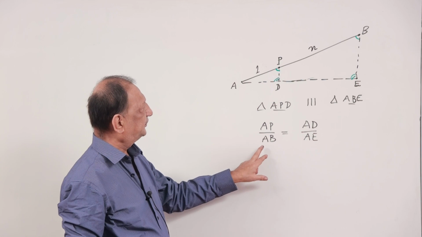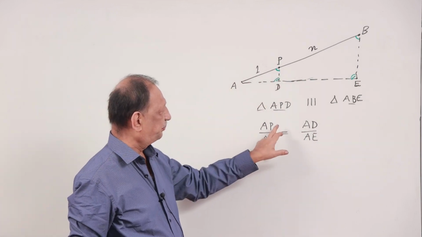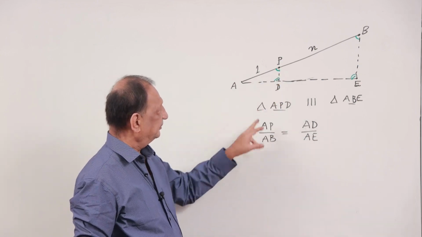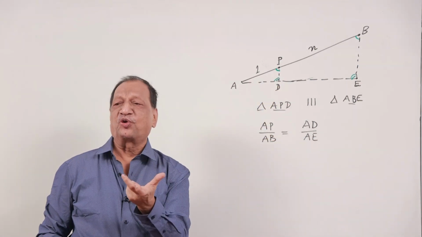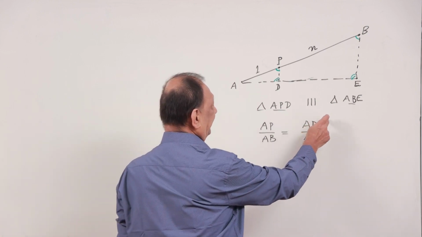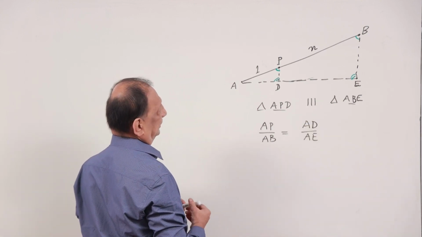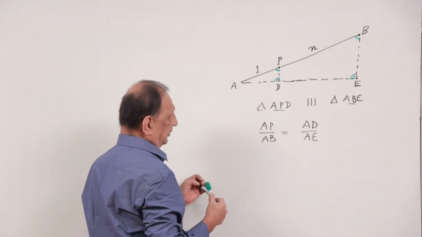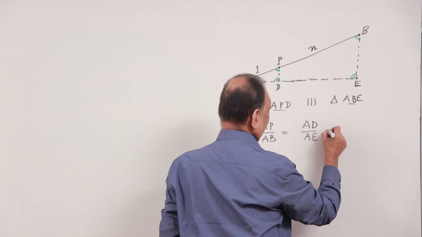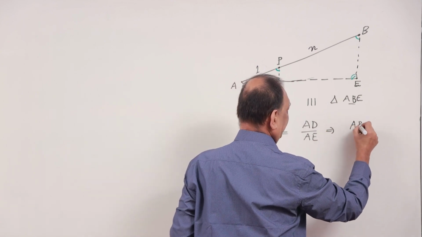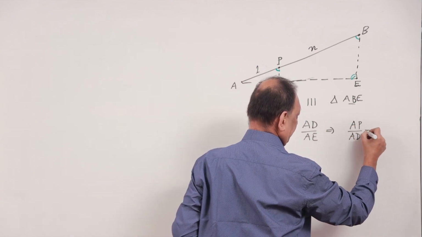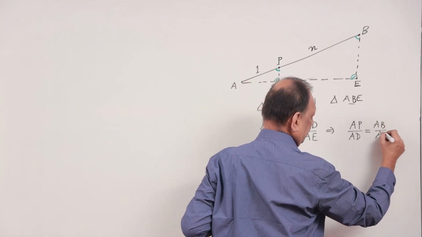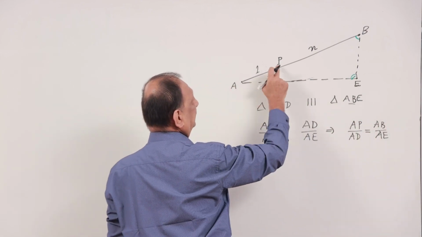So now our interest is in finding out the coordinates of P, right? So AP is what we have to find actually. Coordinates of P, which is actually AD. AD gives you the coordinate of P, right? So I need to calculate a value of AD.